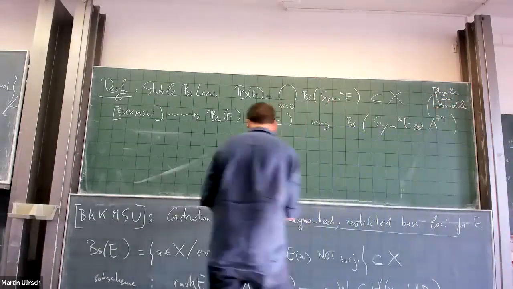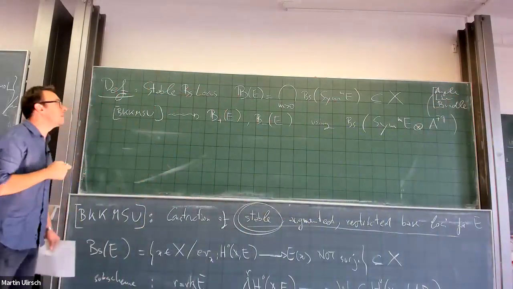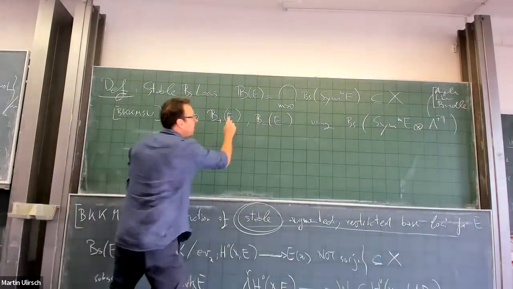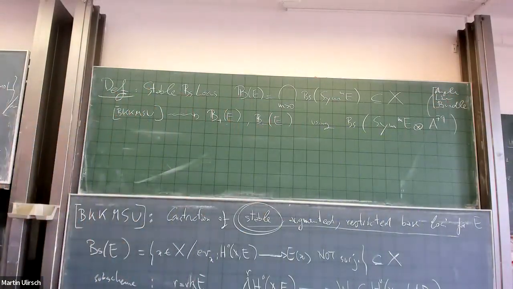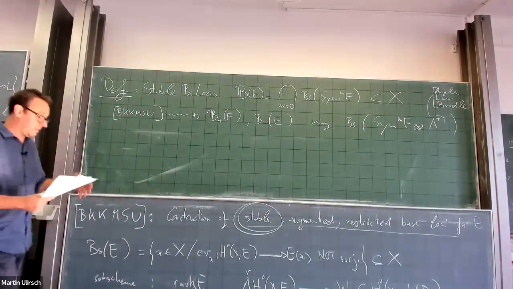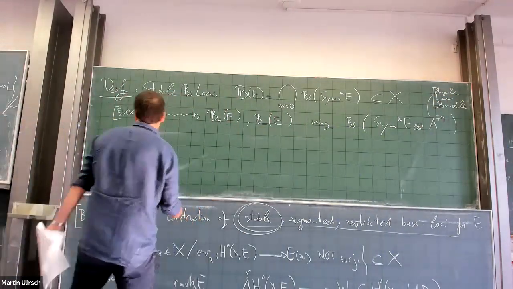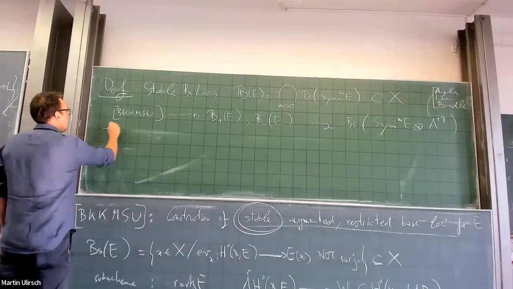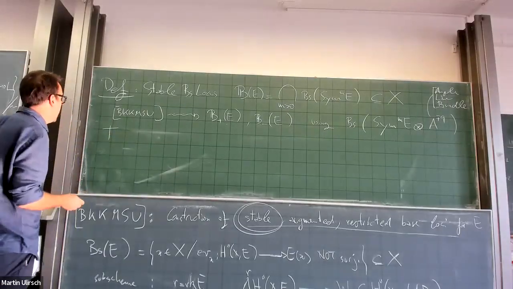In fact we did prove that these loci are related to some of the positivity properties, such as nefness, ampleness, bigness, and so on.